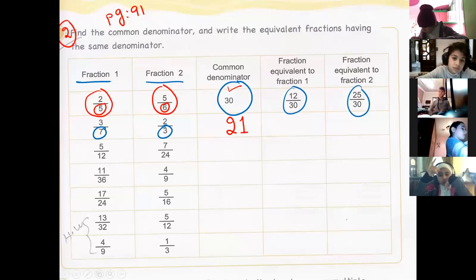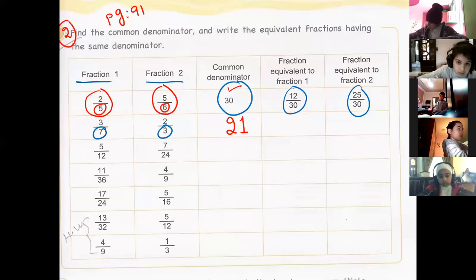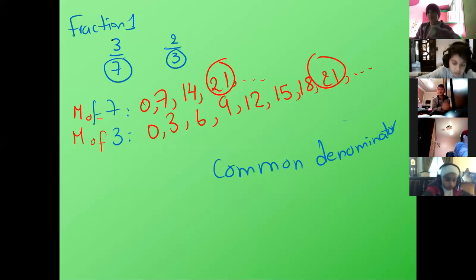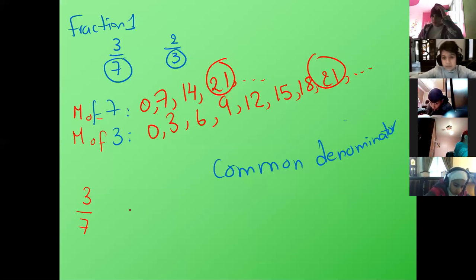Now let's find the fraction equivalent to fraction 1. Fraction 1 is 3 over 7. Come on, Jawad. How do we find the equivalent fraction to 3 over 7? Who is the common denominator? 21.